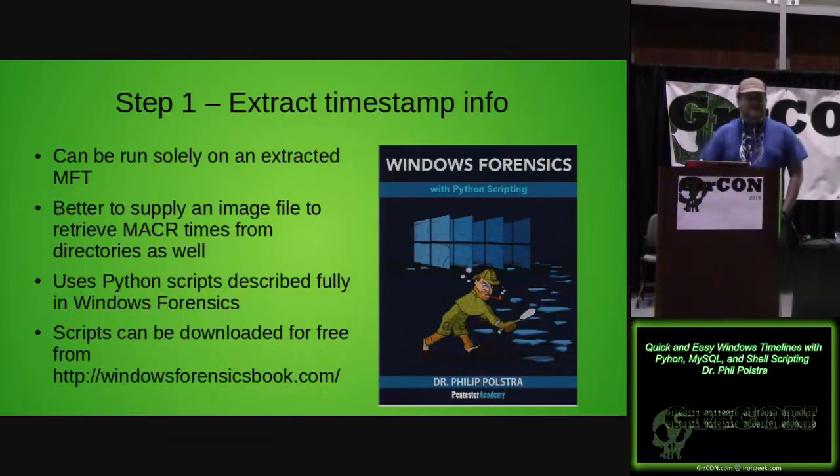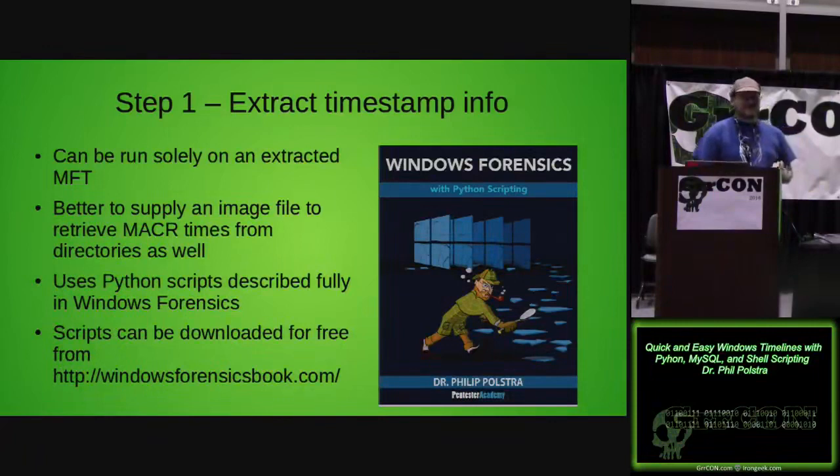So to analyze this, you want to first extract that MFT itself. So you can extract it as a file. And now you have this file that you can analyze, and this makes things a lot faster. So the stuff I'm going to discuss today is actually some scripts from this book, this teeny tiny 3-pound, 554-page book.